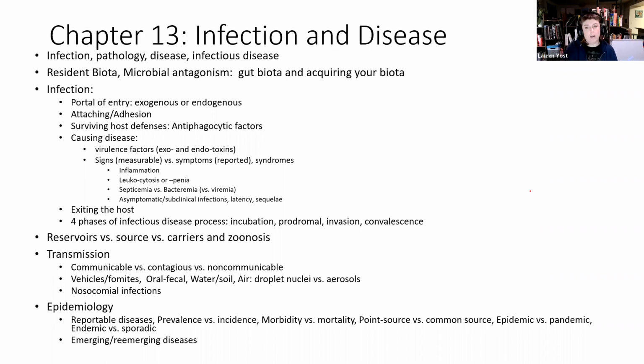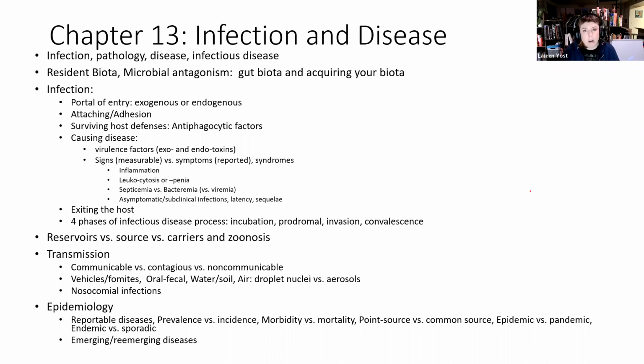And this is why it's that idea of the microbial antagonism. The normal biota that is there is taking up the stadium seats so that the bad guys can't sit there, as well as they're also sometimes producing toxins to keep the bad guys from being able to grow and other things like that. So that's the important aspect of the resident biota and what it does for you in protecting you from infection.